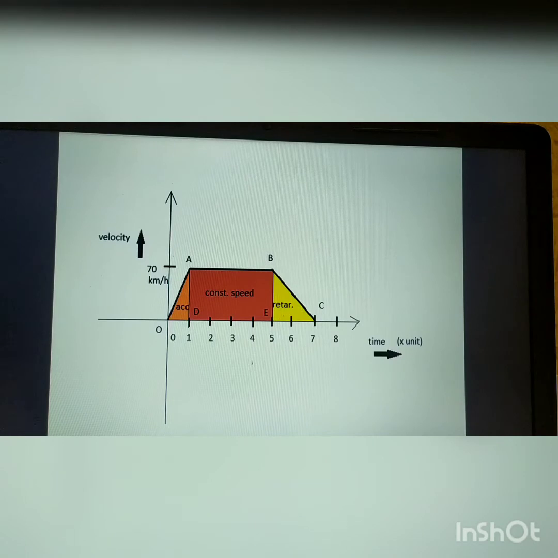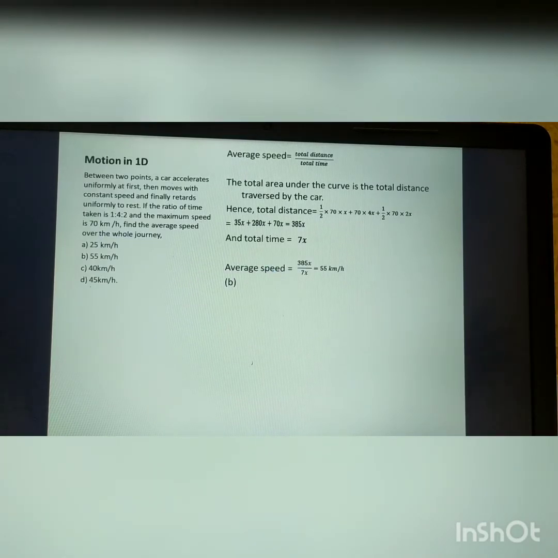So the area of the triangle AOD is half into x into 70, because 70 is the height and x is the time unit I have considered. You can consider anything because the time is given in the ratio form, so we have to consider something. But you don't need to worry about that x, because x will be cancelled when divided by the total time.